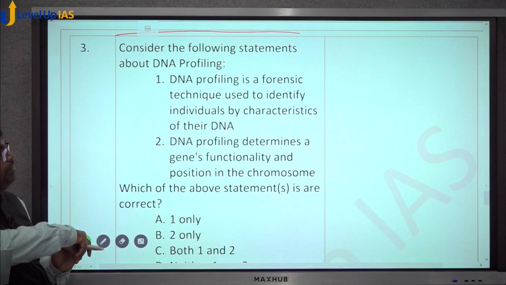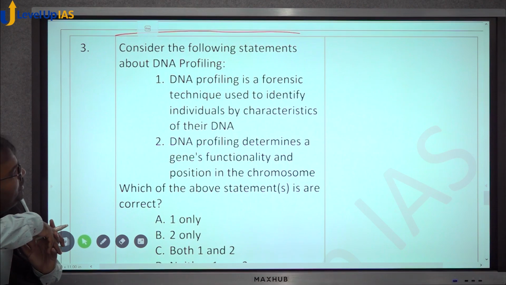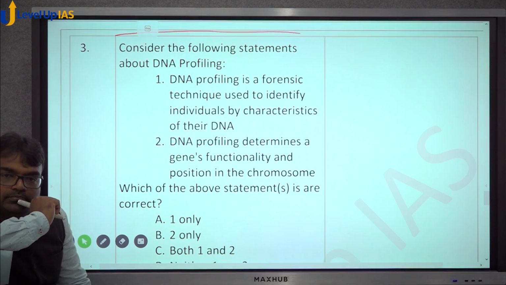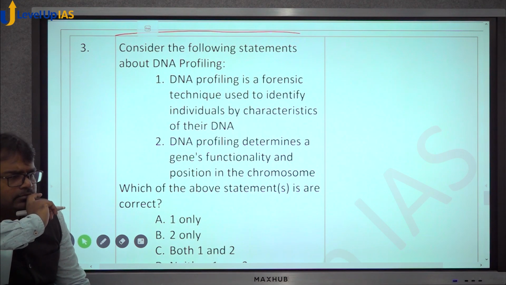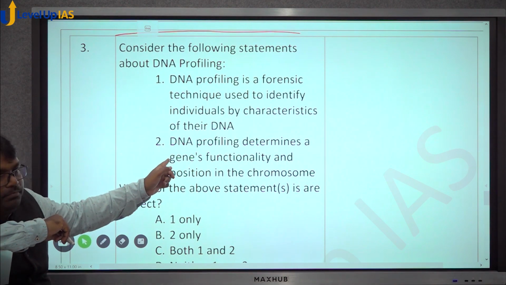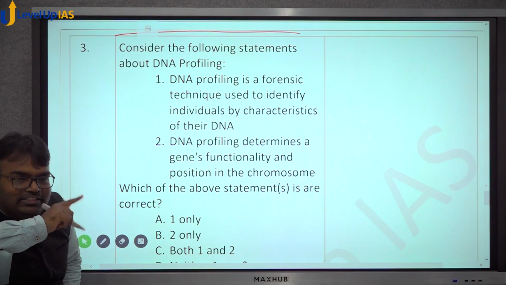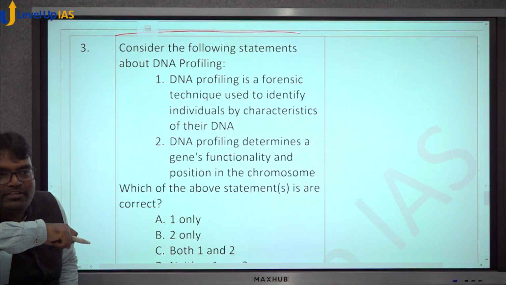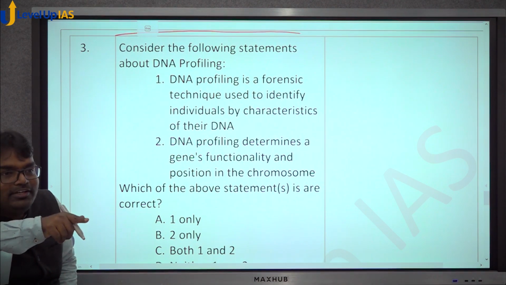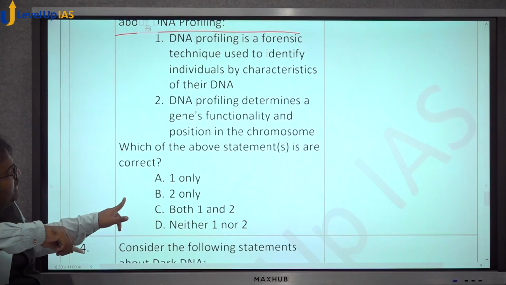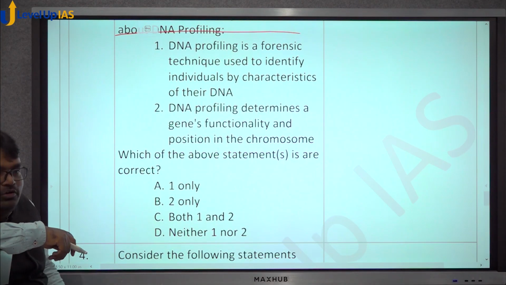First, DNA profiling is a forensic technique used to identify individuals by characteristics of their DNA. Second, DNA profiling determines gene functionality and position in the chromosome. The second one was not DNA profiling, it was gene mapping, where the gene was mapped to the associated protein. Understood? So which of the above statements is correct? The answer is one only.